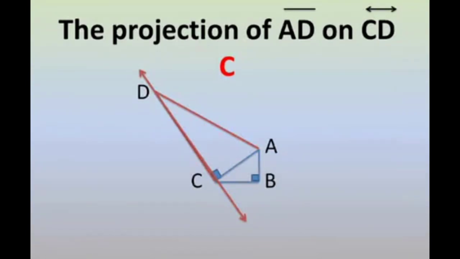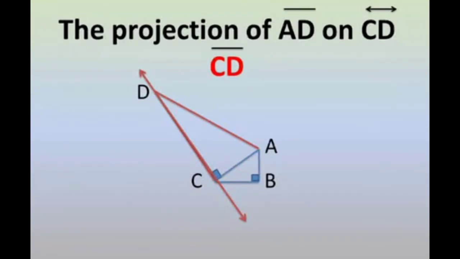Line segment AD has two terminals, point A and point D. The projection of point A is point C, and the projection of point D is itself, point D, because it lies on the straight line. So the projection of AD on CD is line segment CD.